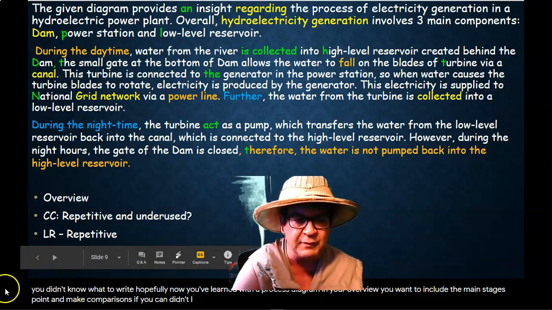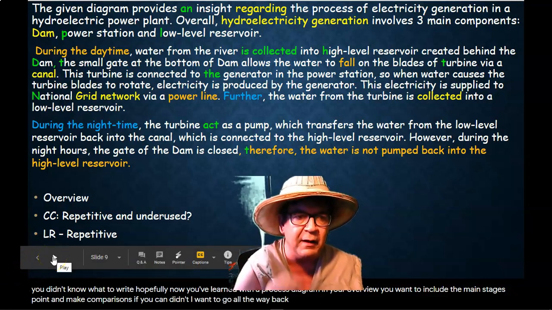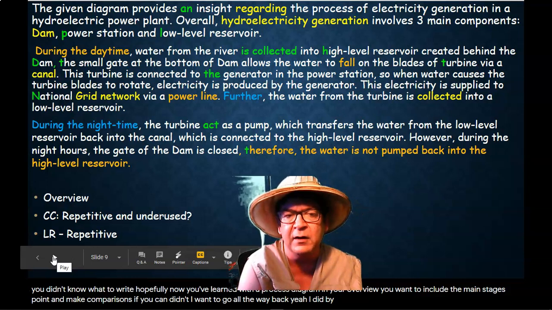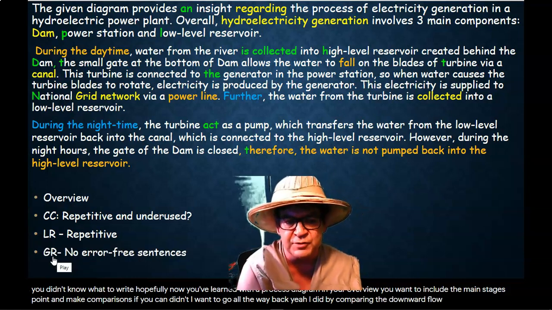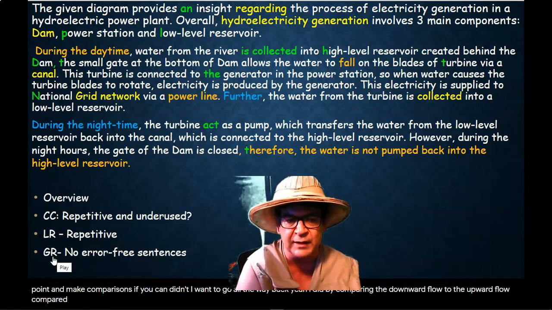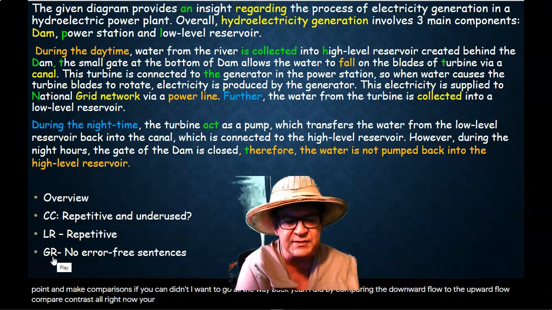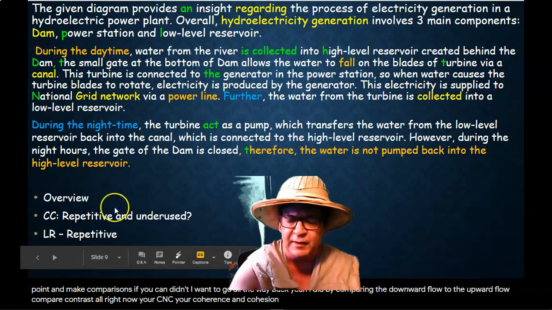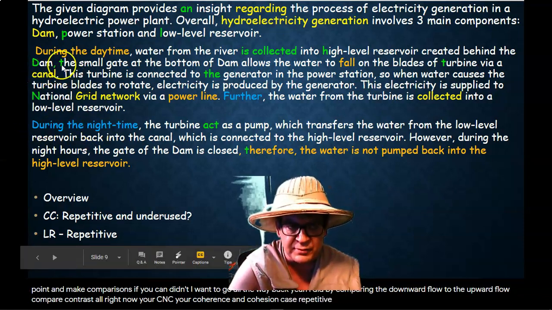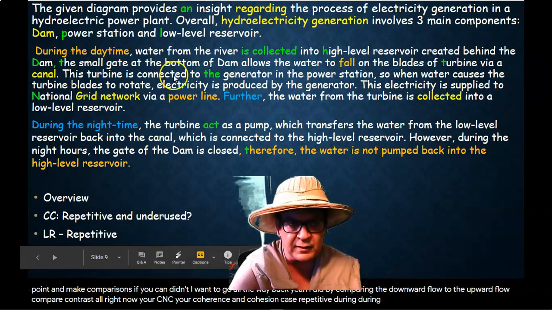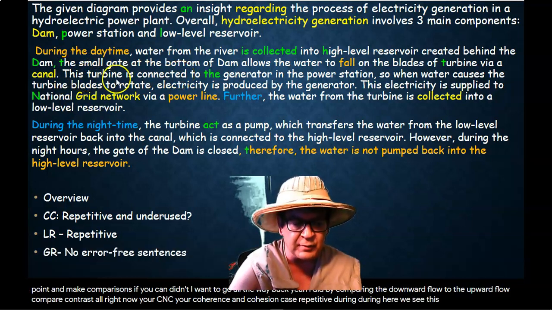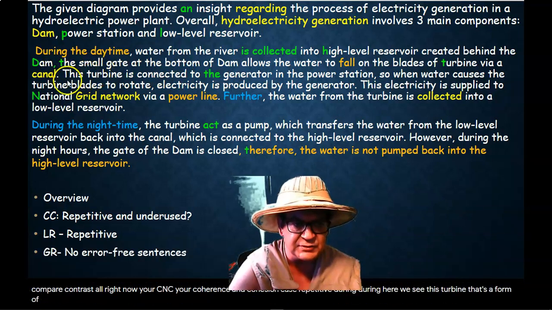Didn't I? I don't want to go all the way back. Yeah, I did by comparing the downward flow to the upward flow. Compare, contrast. All right, now your CNC, your coherence and cohesion. Okay, it's repetitive. During. Okay, here we see this turbine. That's a form of coherence.